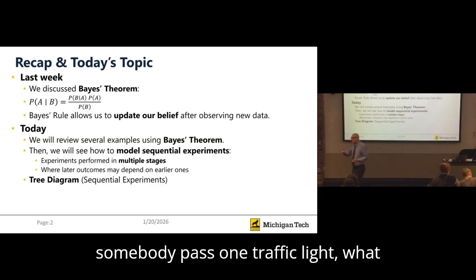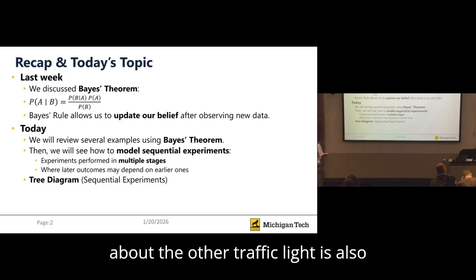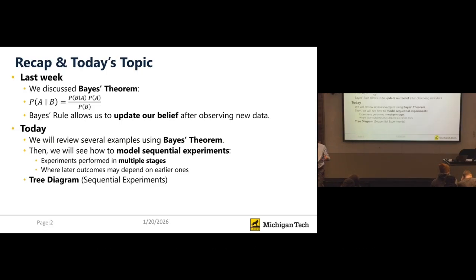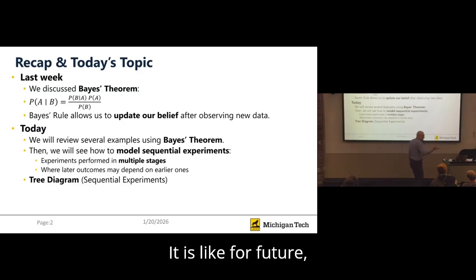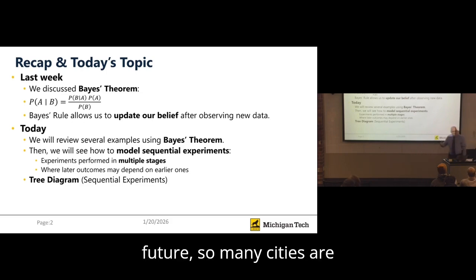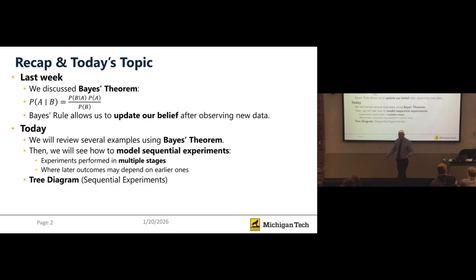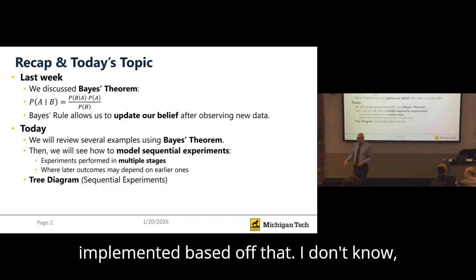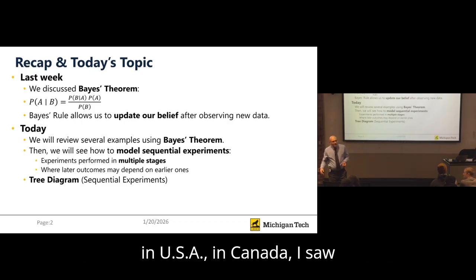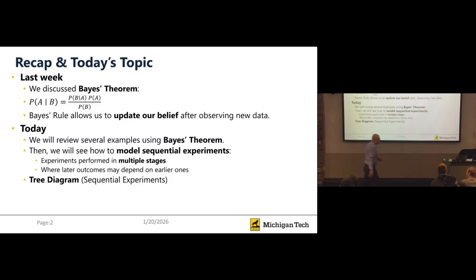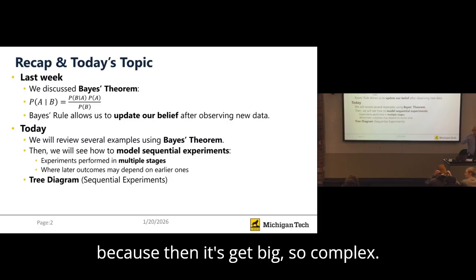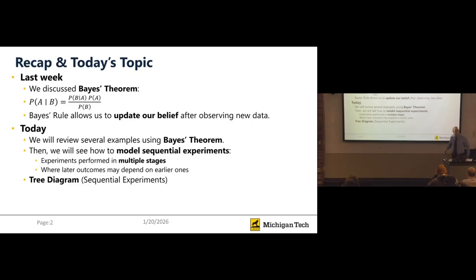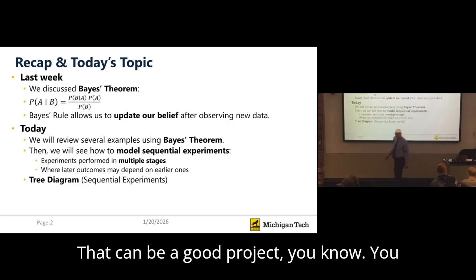When somebody passes one traffic light, the other traffic light also collaborates. They don't waste time. This is like for future. So many cities already implemented based off that. I don't know, in USA, in Canada, I saw some cities, small cities, of course, because when it gets big, so complex. That can be a good project, you know.